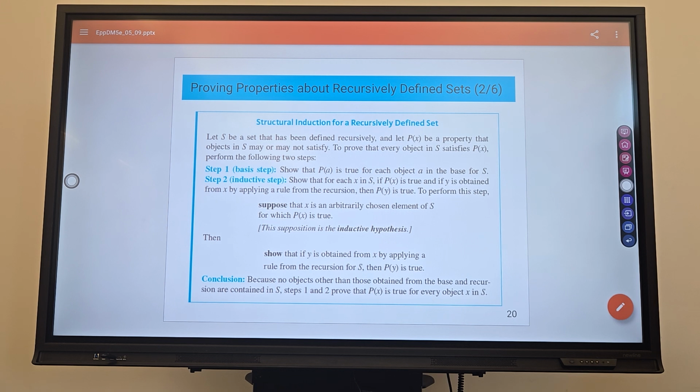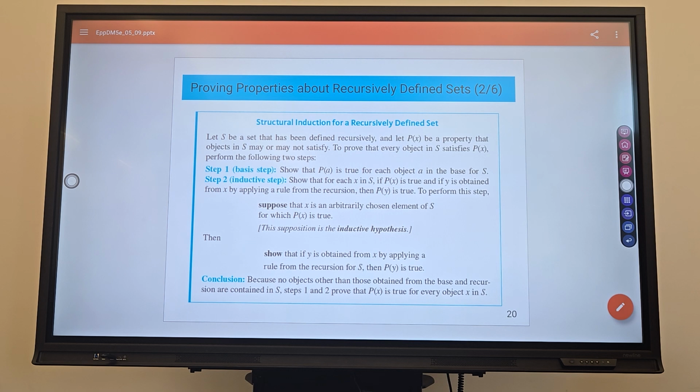To perform this step, suppose that X is an arbitrarily chosen element of S for which P of X is true. This is the inductive hypothesis. And then show that if Y is obtained from X by applying a rule from the recursion of S, then P of Y is true.